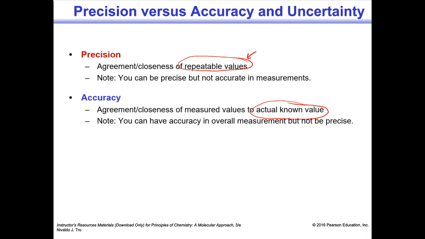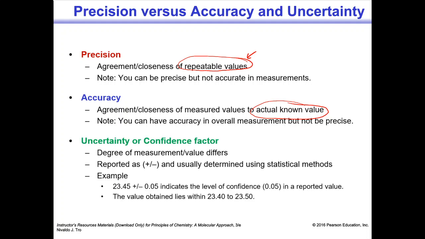So if 1 meter is 100 centimeters, but I'm measuring 80 centimeters over and over, that's precision, but it's not accurate. I have another example for you here too that will probably be a little more clear. But just remember, accuracy is how close it is to the known value. Precision is how repeatable it is.